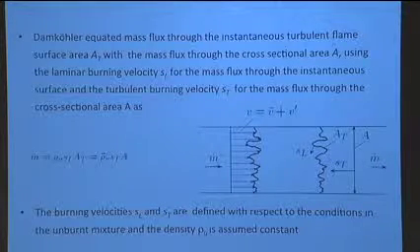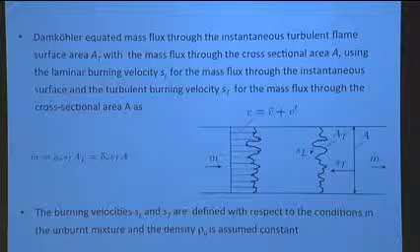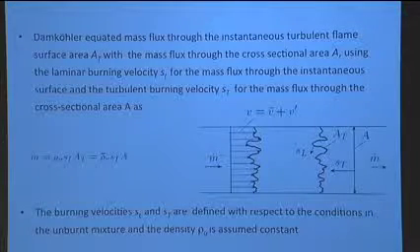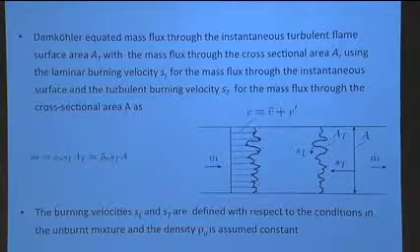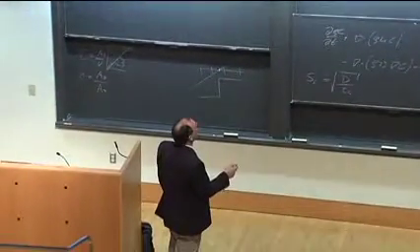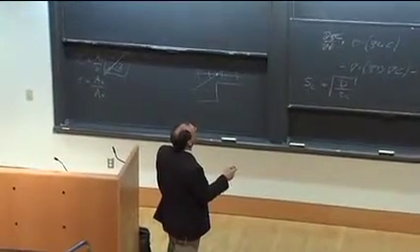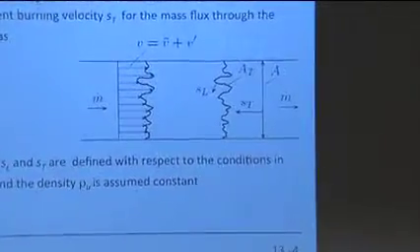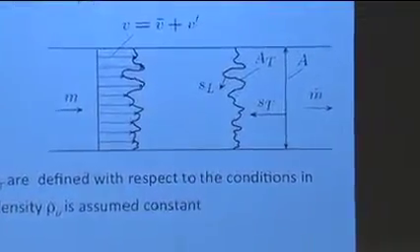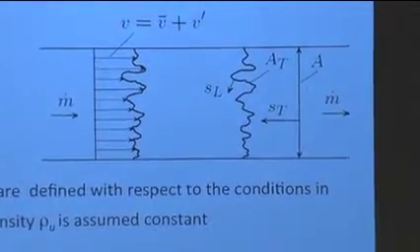Okay, and this is how he thought about it. Let's think of a pipe flow like this. I have a flow that comes here from left to right, and it's turbulent. And then here I have a turbulent flame, and that turbulent flame goes from right to left.